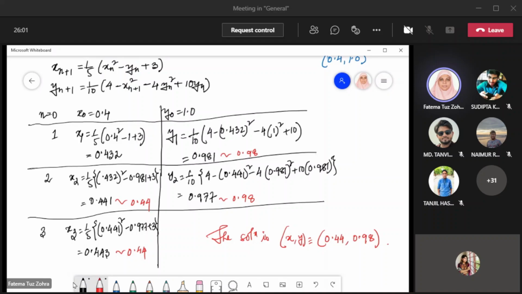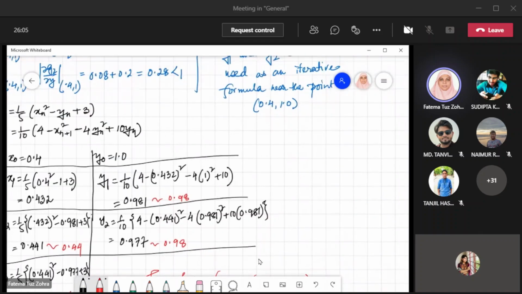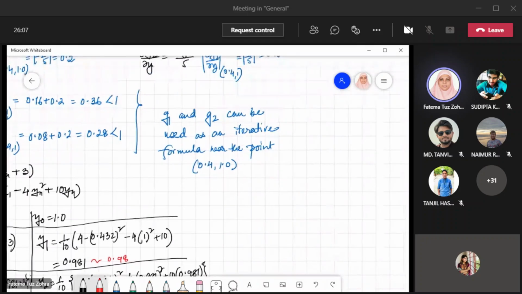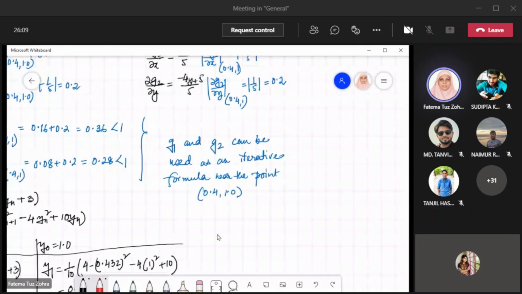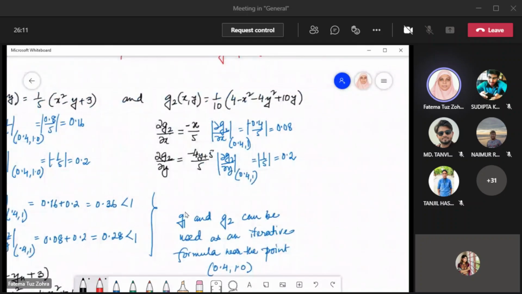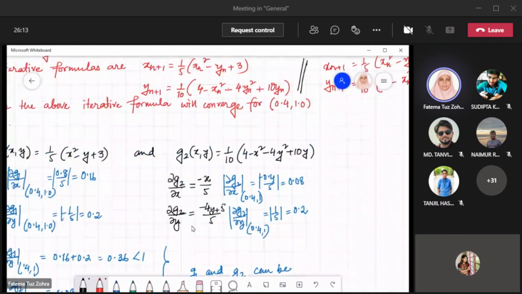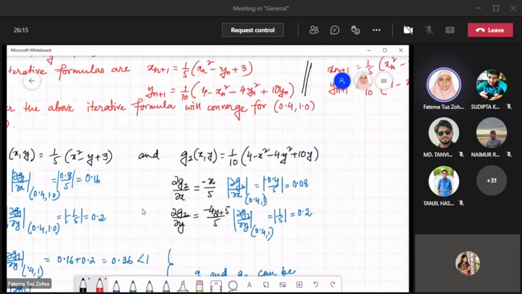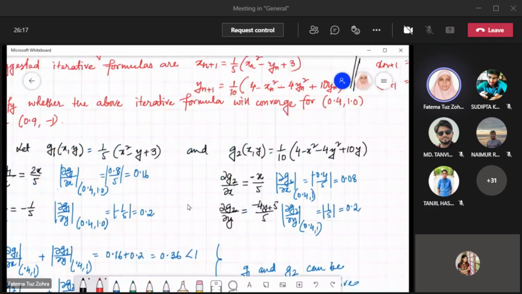Okay. So now this is the iterative formula we have checked for the point or near the point 0.41. But in the question there was another thing added. We have another near point given and that point was 0.9 and minus 1. So you need to go for that one also.